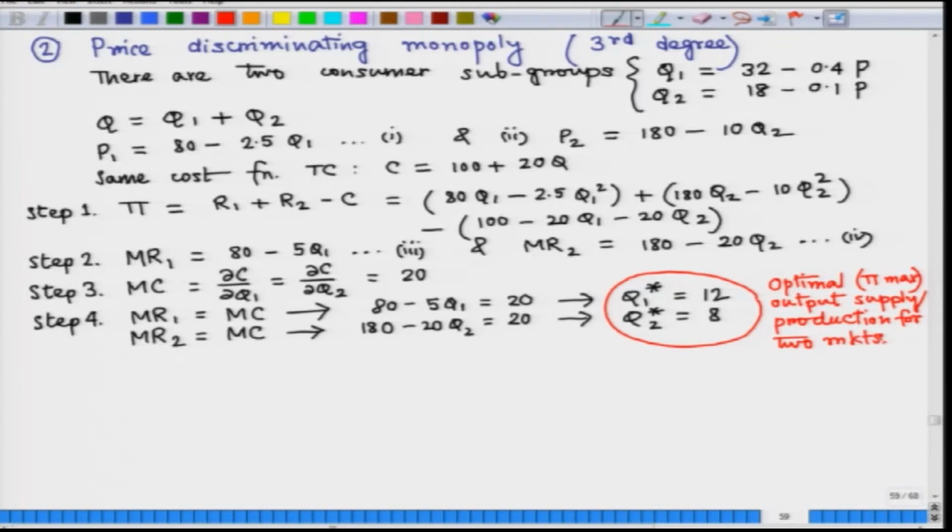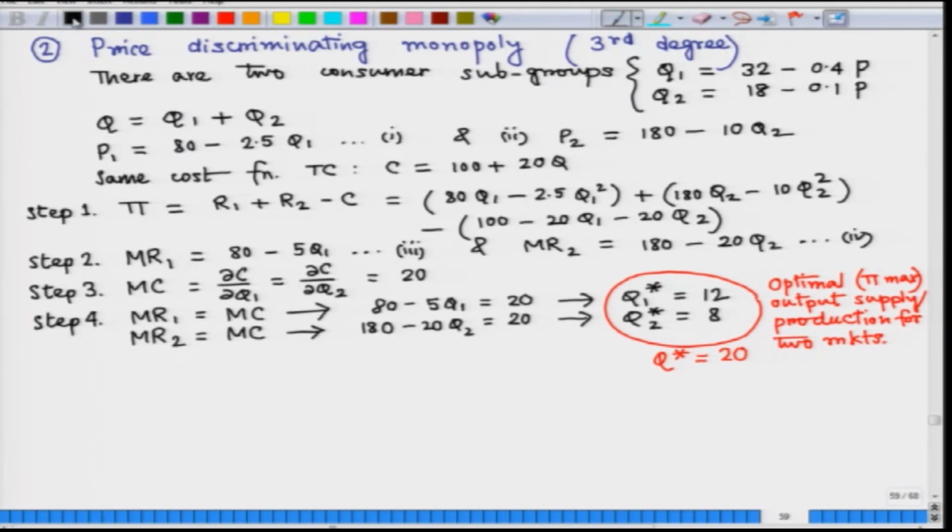Now, note that interestingly, if I now sum them up, I get the total market supply which is Q star equal to 20, and this was indeed the case in my example 1, where we discussed the case of a pure monopolist.